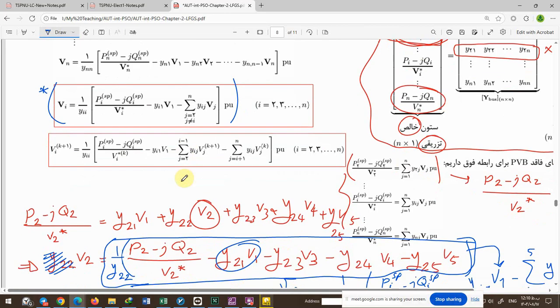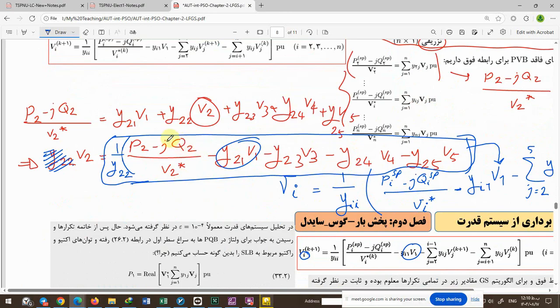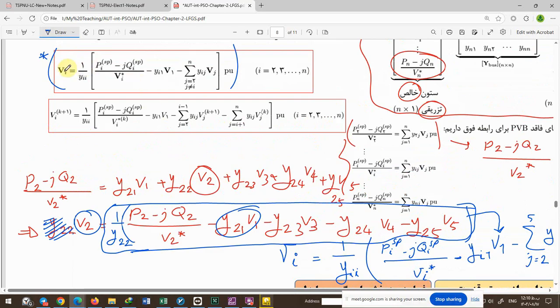For example, I want to find the voltage of bus number 2, and we change all of i here to 2, and j is a counter, and you can count j from the other buses to the end. Okay.